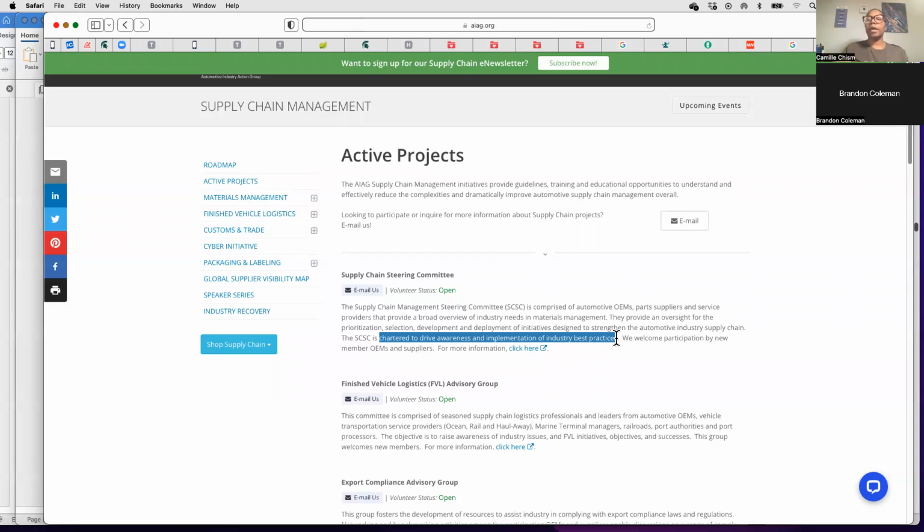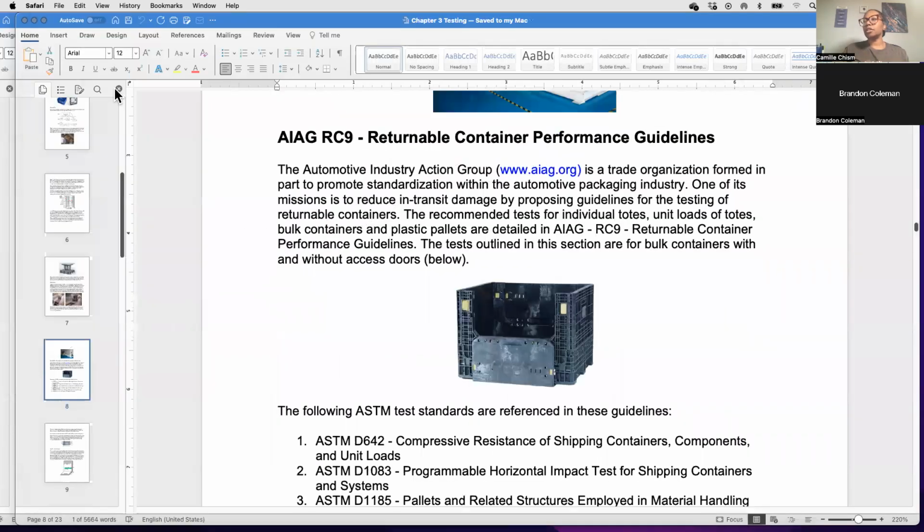Maybe I can implement it at my company and make it better. So that is it for AIAG, but I wanted you to get an idea. So, feel free to go in there to the website, poke around, see what you see. And if you have any questions, please let me know.